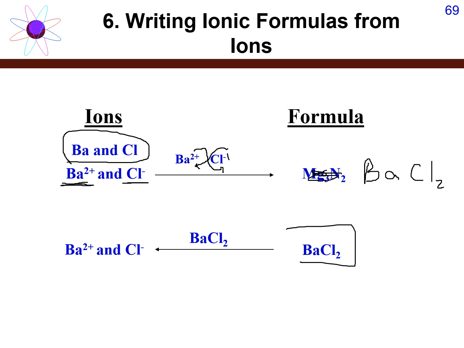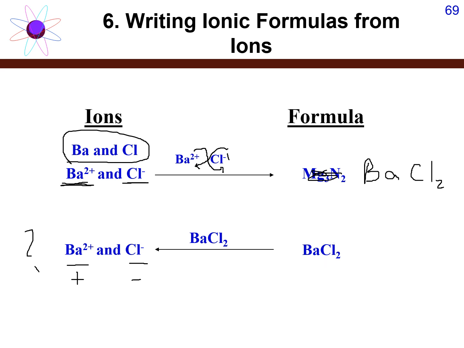Now if I give you barium chloride and ask you what are the ions, you just do the opposite. Take those subscripts and throw them up at the top. When you do that, barium's going to get a 2, chlorine gets a 1. Barium's a metal, always positive, chlorine is always negative. You can also get those from the periodic table directly.